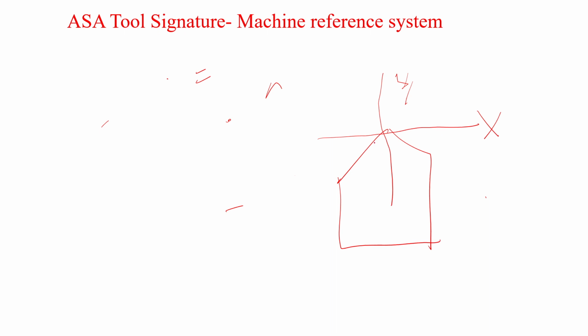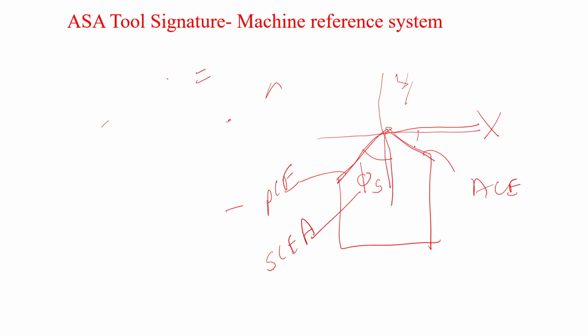So the angle between the main cutting edge, the principal cutting edge, and the y axis is called phi s, which is the side cutting edge angle. The angle between the auxiliary cutting edge and the x axis is called phi e, which is the end cutting edge angle. You just need to understand this one. The rest are the same, nothing to take care of.